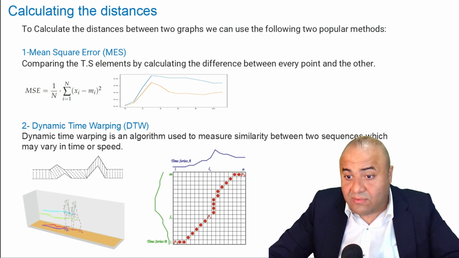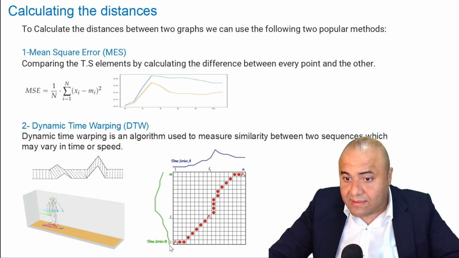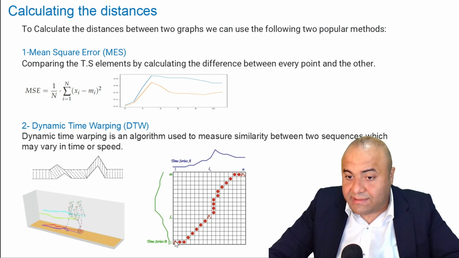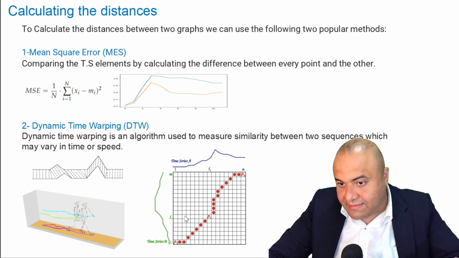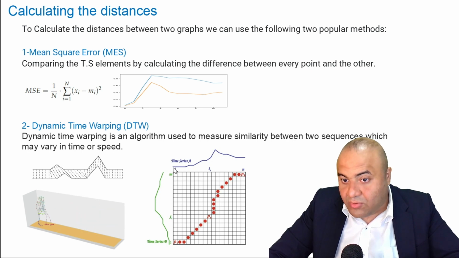Basically, we start drawing this line connecting the first point to the end point. In this example, they calculated the difference between this point and every point in here, and then here and here, and so on.